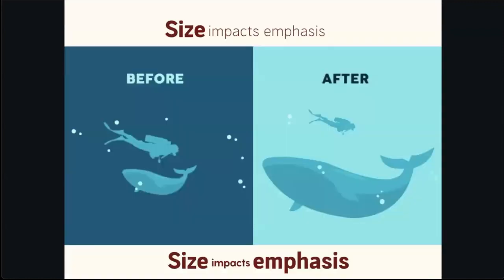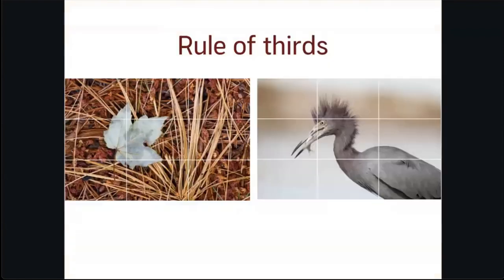Visual hierarchy is pretty self-explanatory: size impacts emphasis. Look at the before; they look like the same size. Maybe the whale is very far away, but obviously it's not making it. When you do it like this, now the diver packs more of a visual punch.